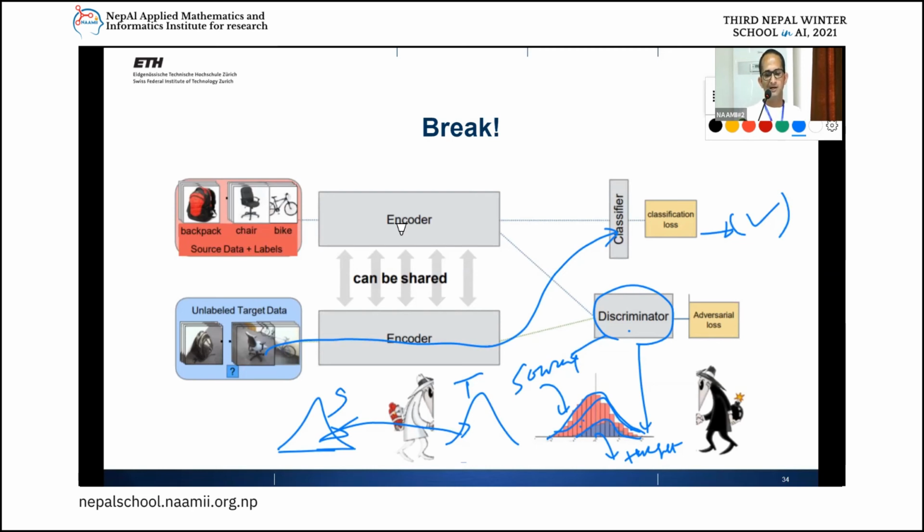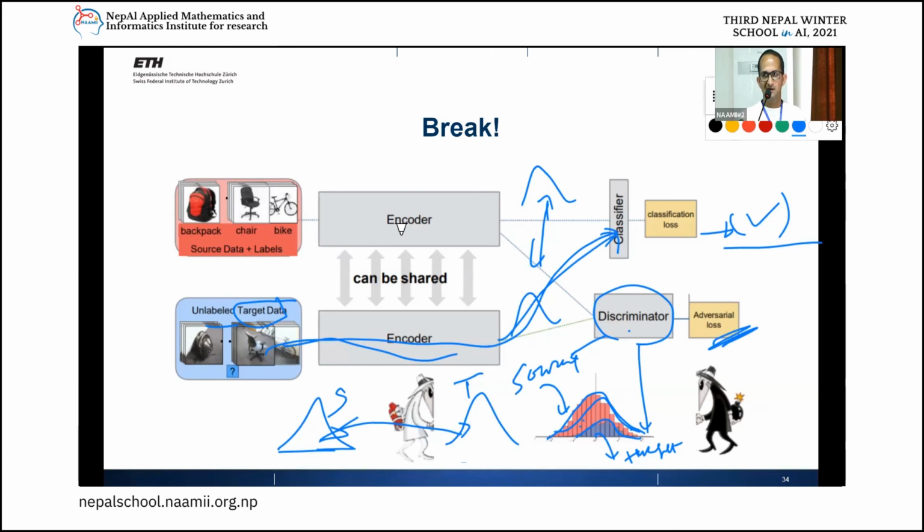But because of the adversarial learning, this encoder is also trying to fool the discriminator, and hence it will automatically end up generating features from the target data with the same distribution as that of the source data. So now this distribution and this distribution end up being the same or similar, and hence you can use this target data without the labels, using the same encoder and classifier, and perform the classification much better than without the adversarial loss.